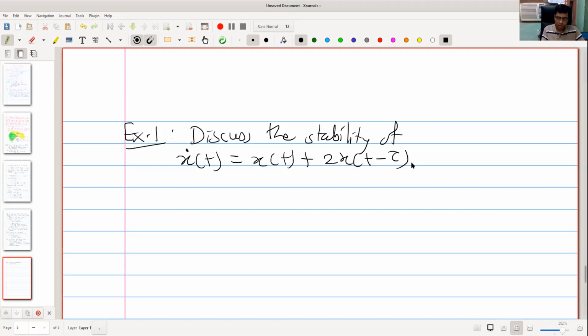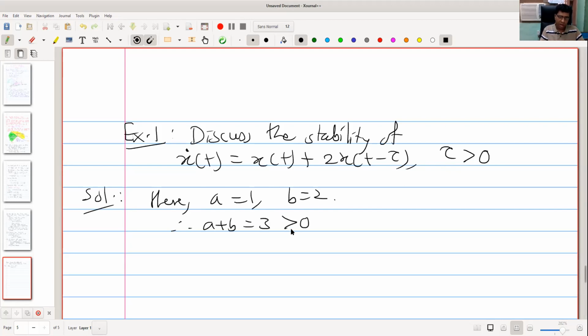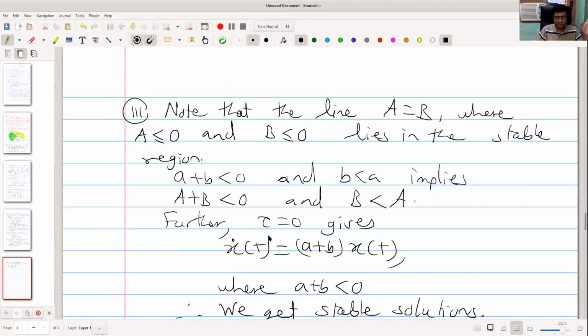Of course, tau is positive. Solution. It is very simple to see here a equals 1, b equals 2. Therefore, a plus b equals 3, that is positive. So this shows that the system is unstable.